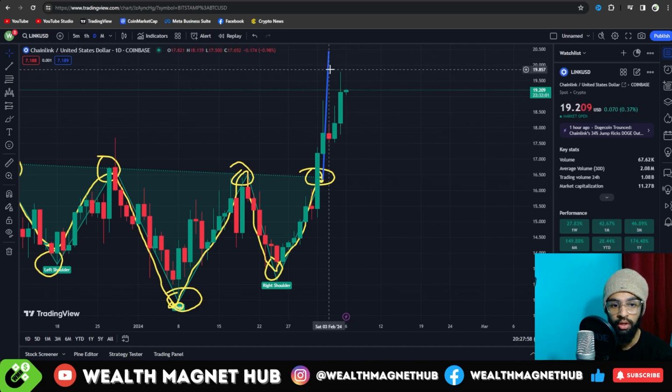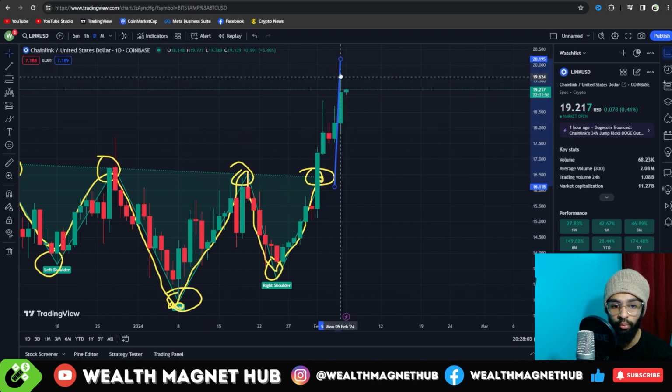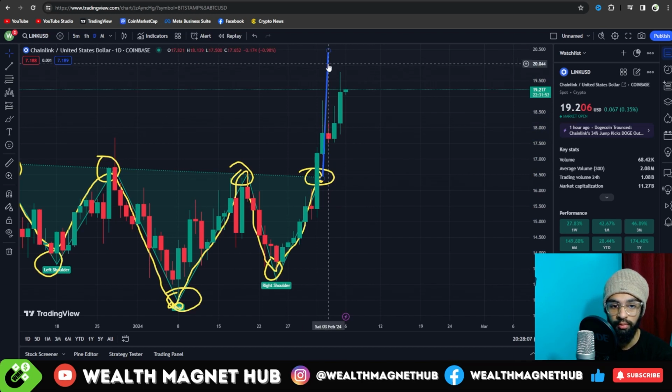Based on how far our head was from the neckline, we can put this price target right here to just basically mimic or set an example of what our target could be in the next couple of days.